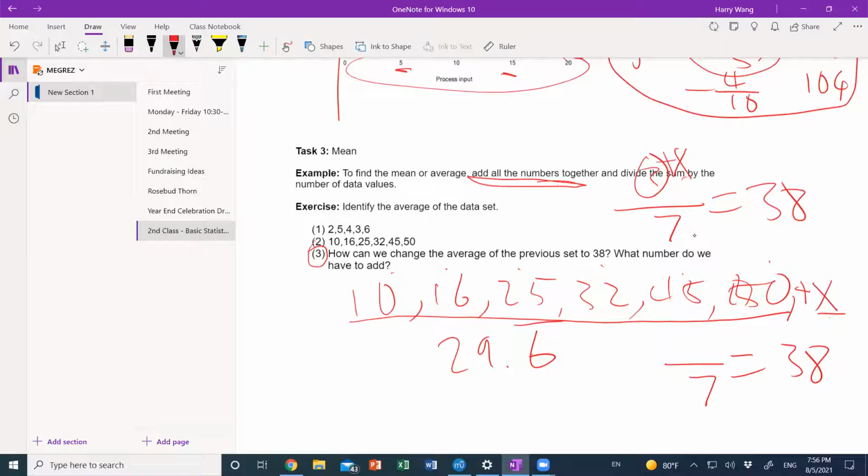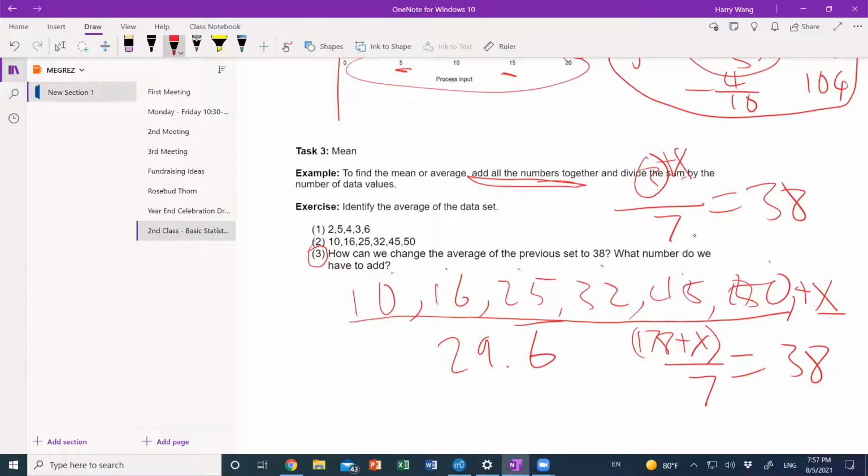So in total up here we have 10 plus 16 plus 25 plus 32 plus 45 plus 50. We have 178 plus our mystery number x, divided by 7 equals 38. And then this is just a one variable equation: 178 in parentheses plus x, divided by 7.